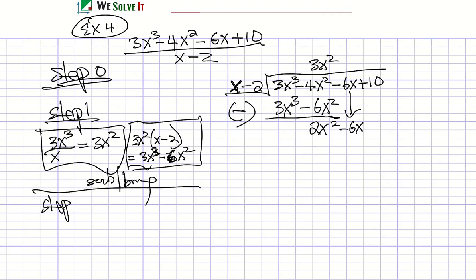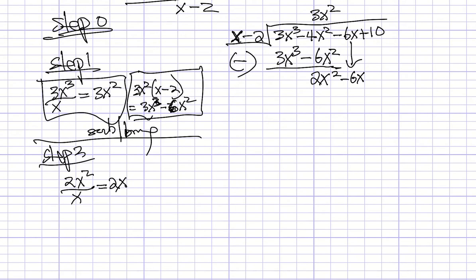Step 2. You say 2x raised to the power 2 divided by x. What is that? That's 2x. You see it, right? You put it here, plus 2x. And then you say 2x times x minus 2.